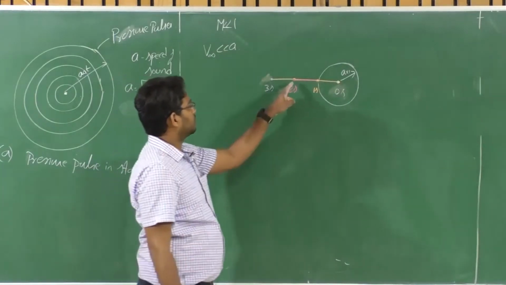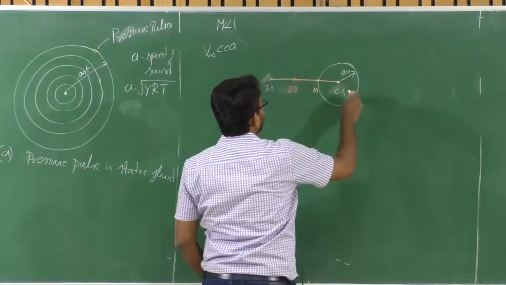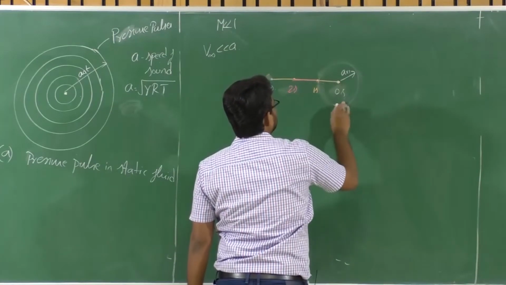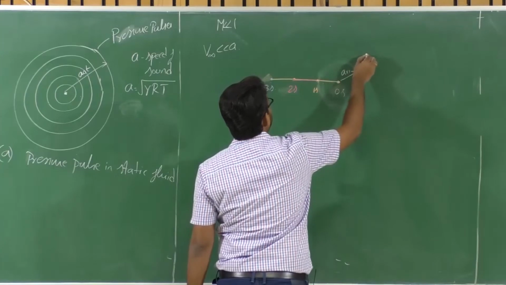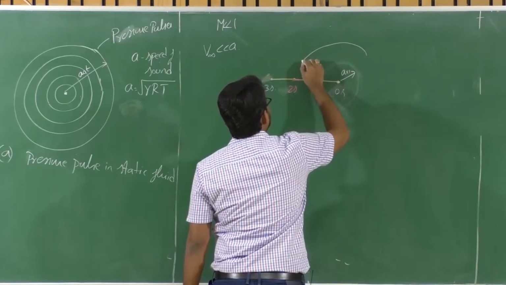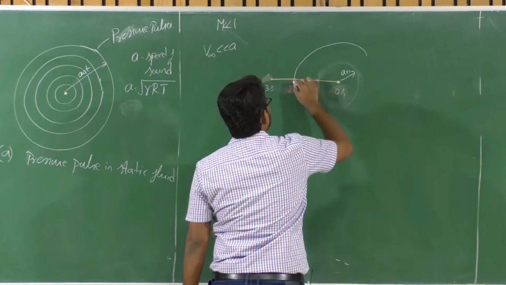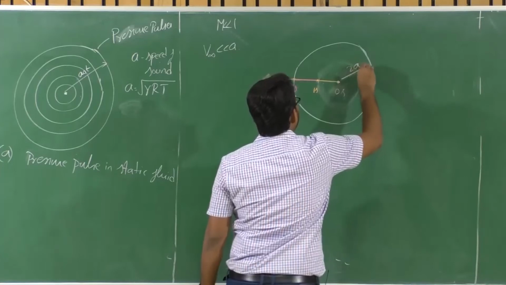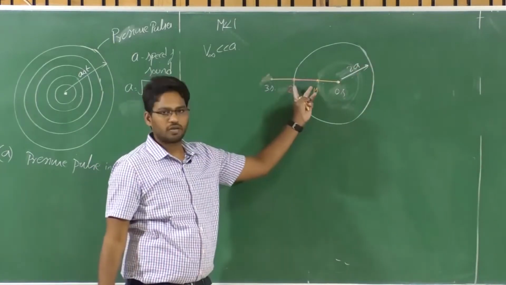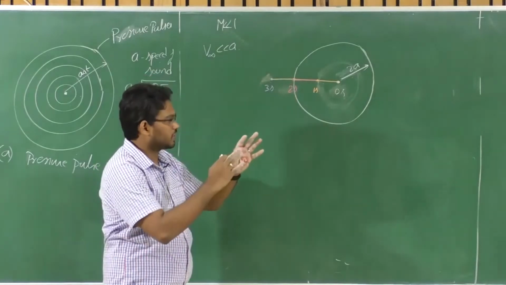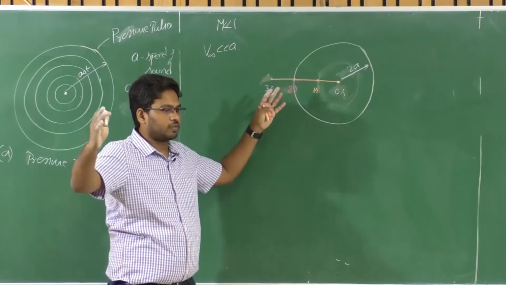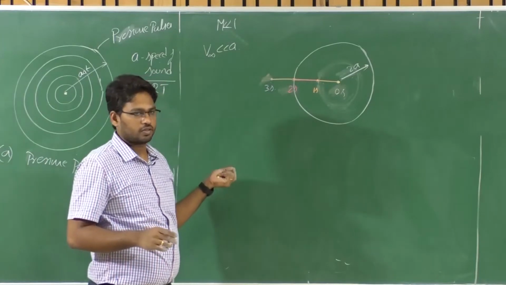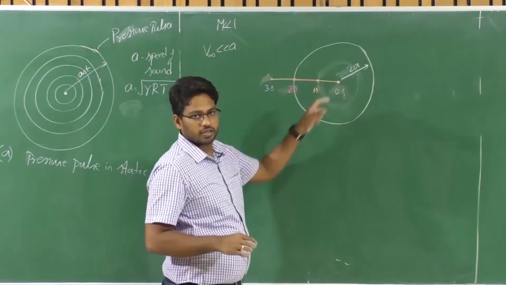When you are at 2 seconds, this disturbance has traveled a distance 2a. So this 2a and this scale are not equal. Please don't get confused. The propagation of this disturbance keeps increasing as time lapses from the point where you started the disturbance.